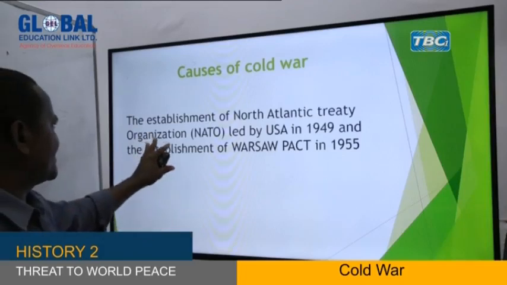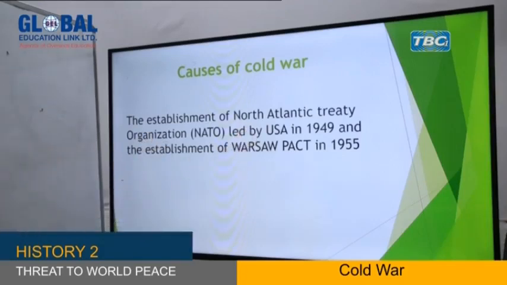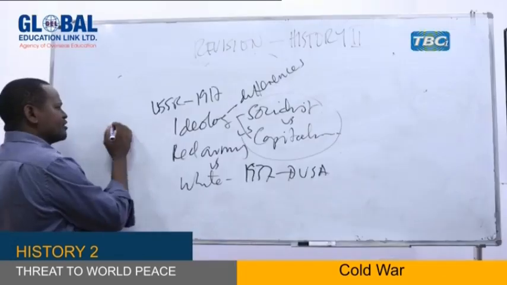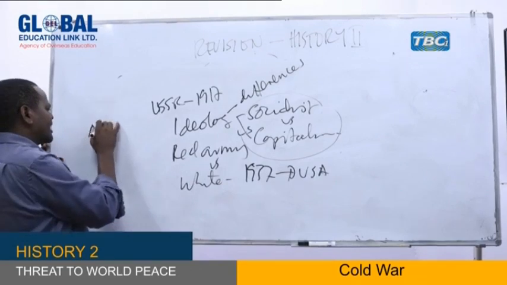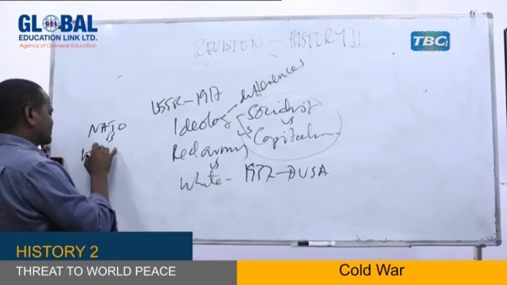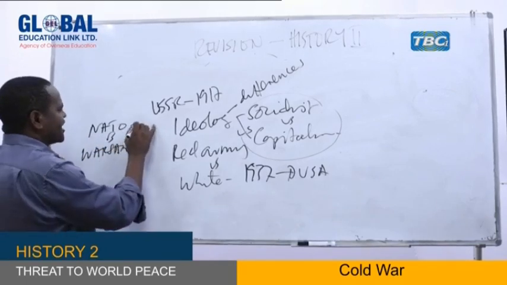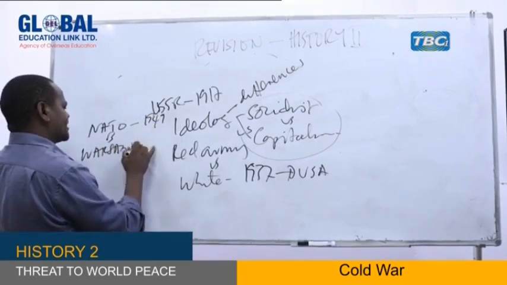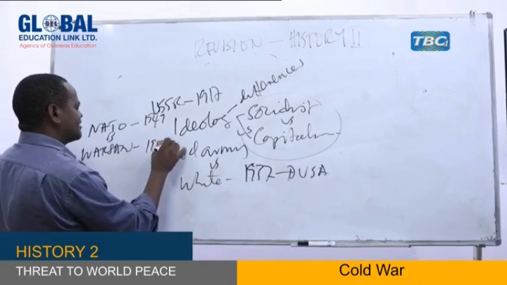The second point is the establishment of the North Atlantic Treaty Organization, led by the USA in 1949, and the establishment of the Warsaw Pact, led by the USSR. So we have two conflicting blocks: NATO vis-a-vis the Warsaw Pact. NATO was established in 1949 and the Warsaw Pact in 1955.